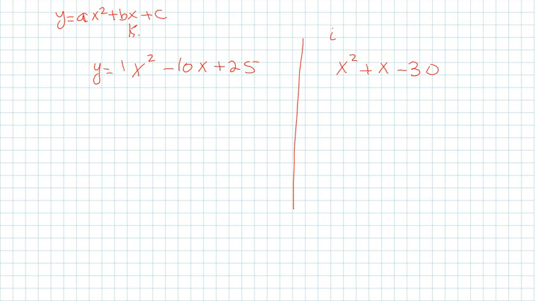Okay, so we're looking for two numbers that multiply to C, which is your last term. So multiply to 25. And then at the end, we want them to add to negative 10. Okay? So we're going to look for factors of 25. So what multiplies to 25?